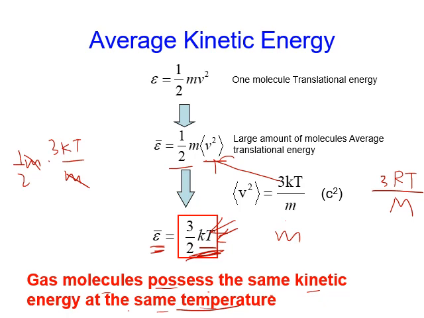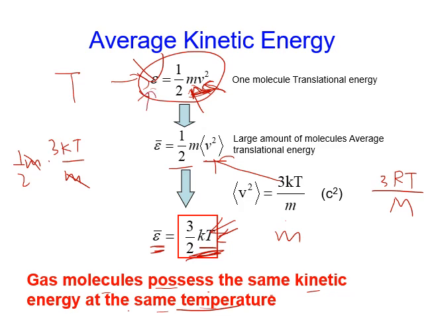Now pay attention to this. Kinetic energy being the same doesn't mean they move at the same speed, because kinetic energy is half mv squared. If the kinetic energy is the same at a certain temperature, but the mass is heavier, then the speed must be smaller. High mass, smaller speed, because the product gives you the same kinetic energy.